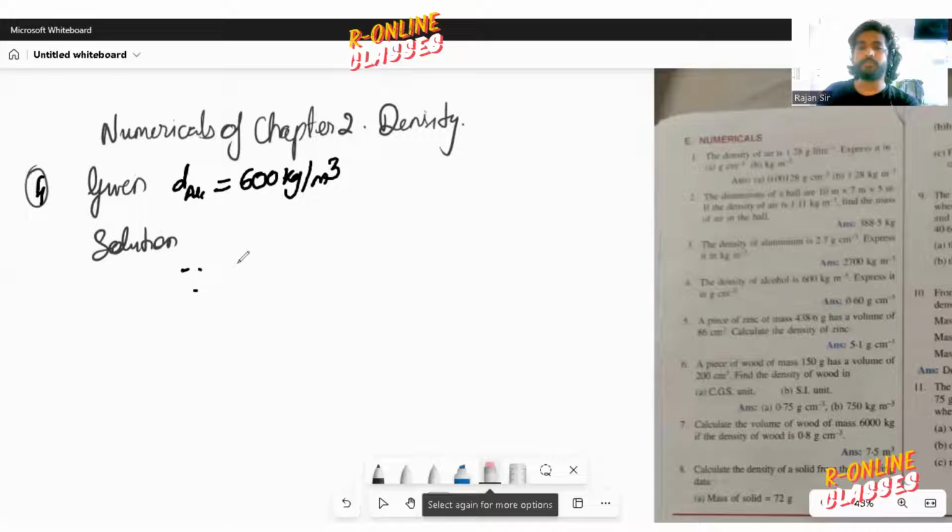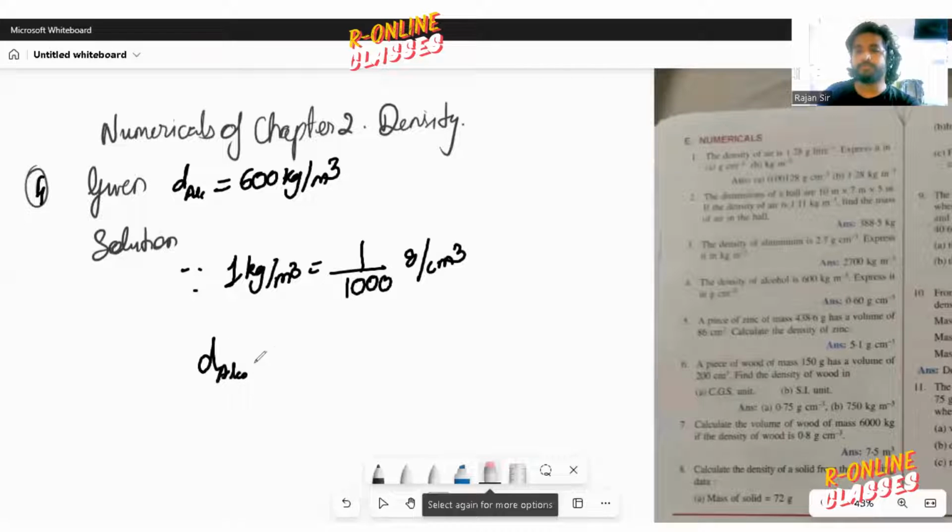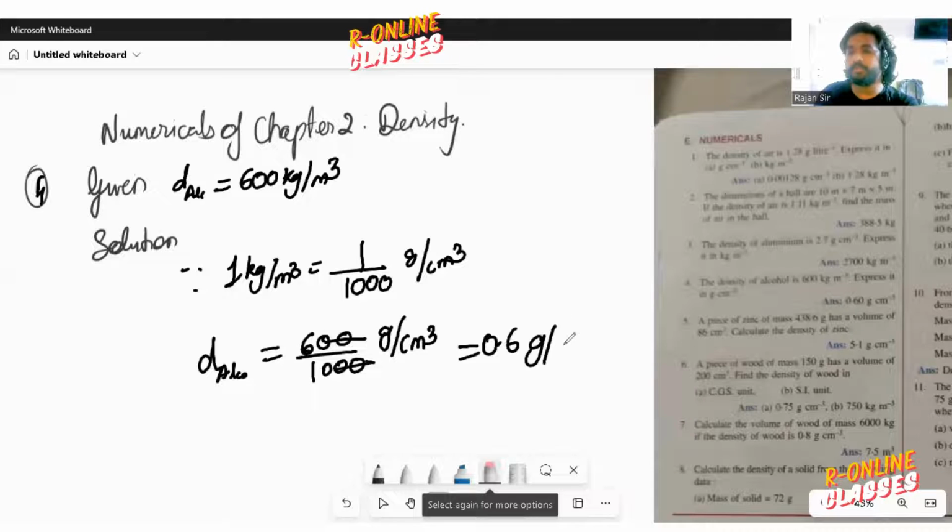Since we know 1 kg per meter cube is 1 upon 1000 gram per centimeter cube, we have density of alcohol equal to 600 divided by 1000 and convert directly to gram per centimeter cube. You can cancel this and we have 0.6 gram per centimeter cube.